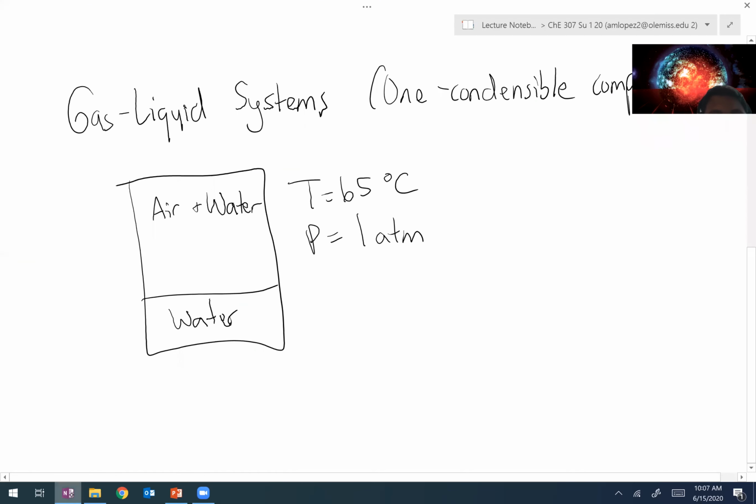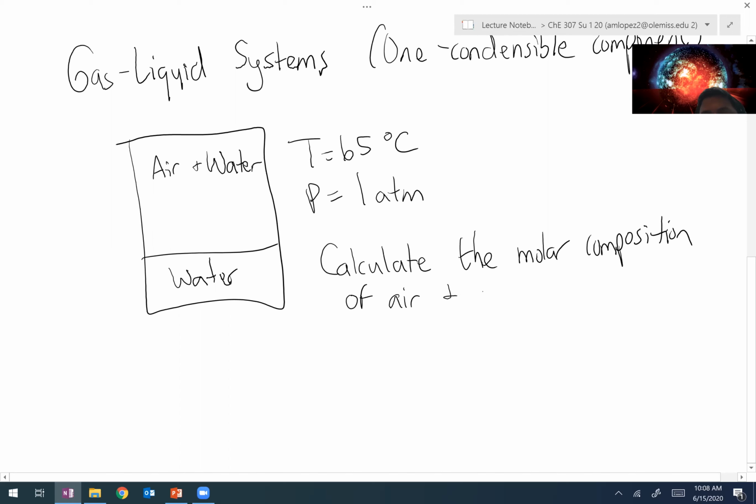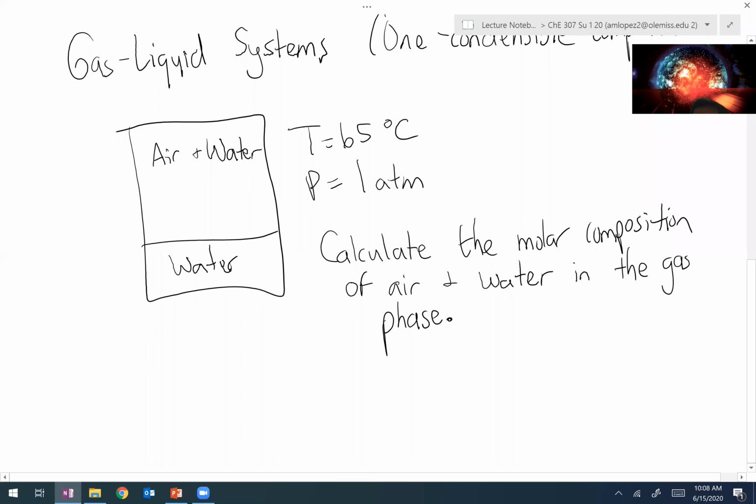And how do we calculate the molar composition of air and water in the gas phase? We have to know some information about either air or water to solve this problem.